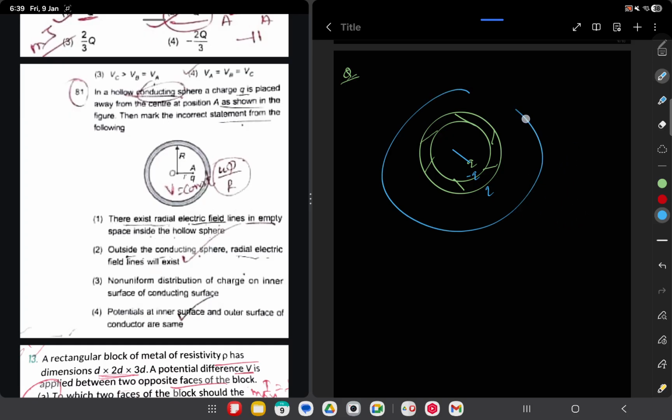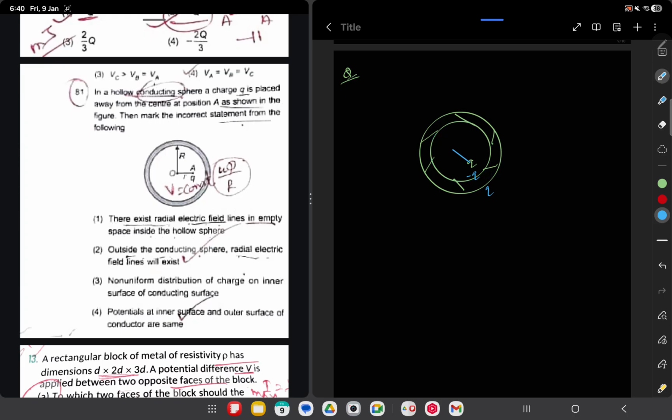Option 2, outside the conducting sphere a radial electric field will exist. Obviously, outside this sphere the net charge is q minus q plus q, so a radial electric field will exist. The last one is that a radial electric field line exists in empty space. Within a hollow sphere, the electric field is always 0, because if you take a Gaussian surface, the net field within it is 0.